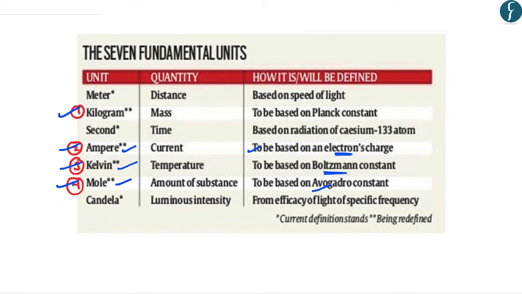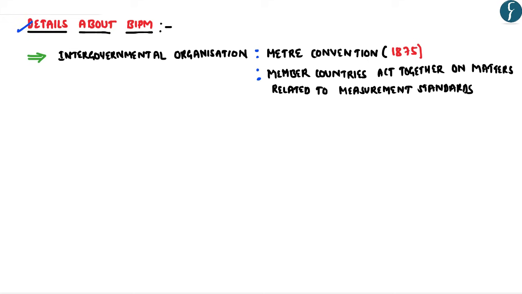So these are the 4 main definitional changes which have been brought about by the International Bureau of Weights and Measures. However, it is to be noted that the definitions of meter, second and candela have remained the same. So these are some of the aspects which one should know with respect to the recent changes made to the definition of SI units. Now coming to the details related to the International Bureau of Weights and Measures.